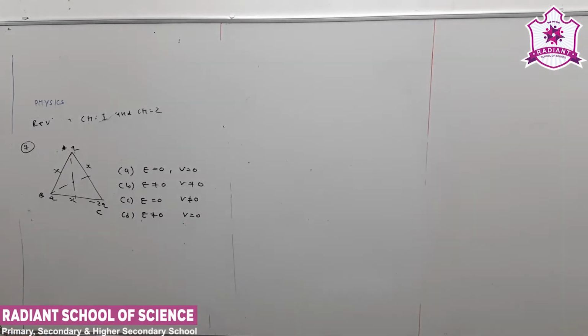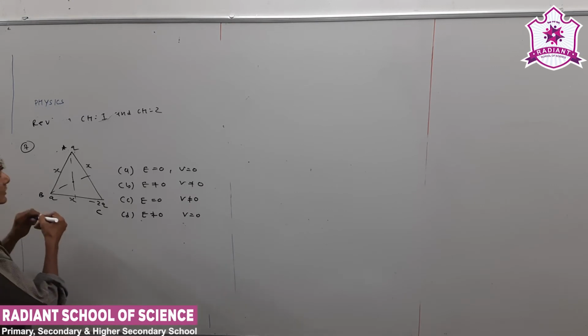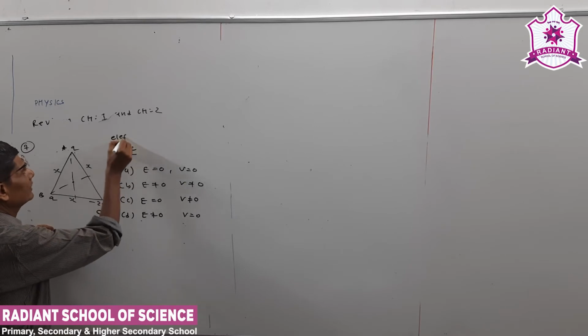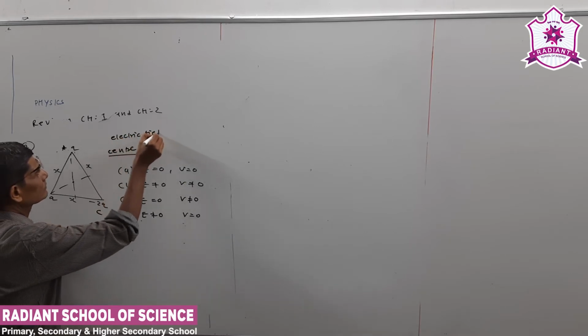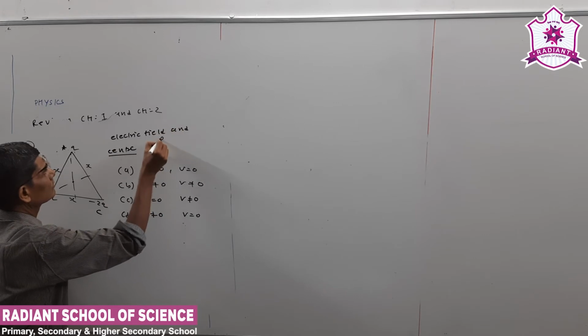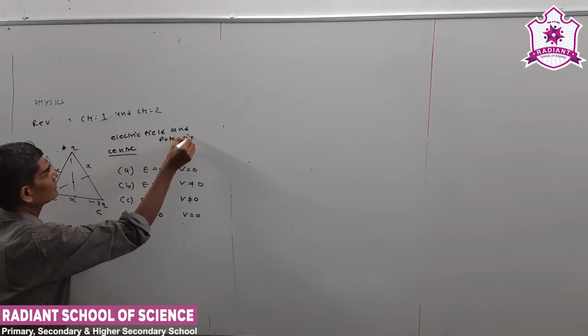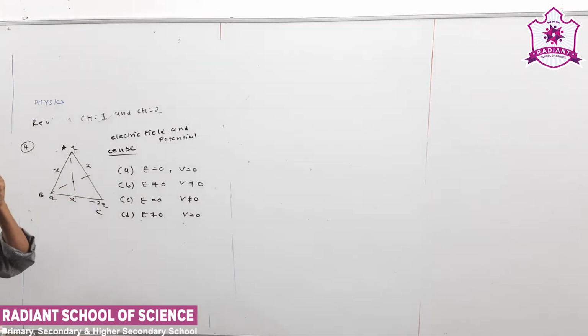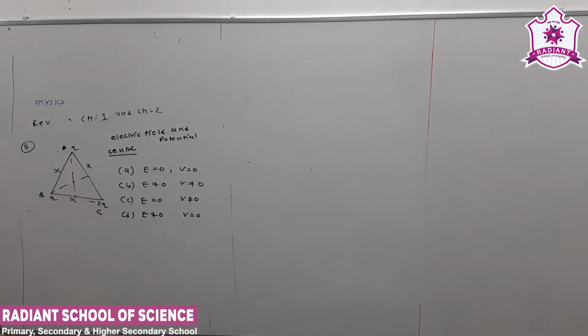Now we have to find the electric field and potential at the center of the triangle. Because this is an equilateral triangle, the intersection of the medians or angle bisectors will be the same. Now potential is a scalar quantity.